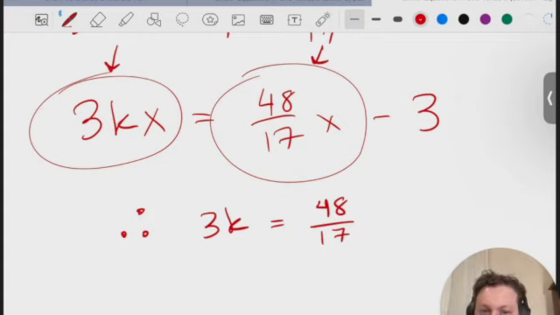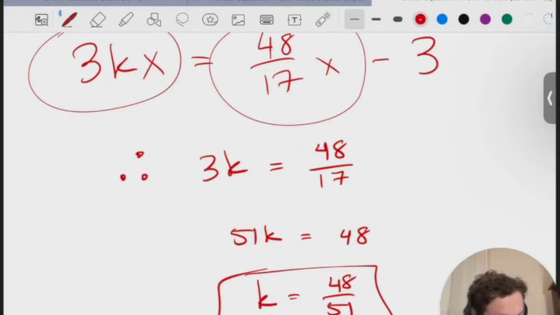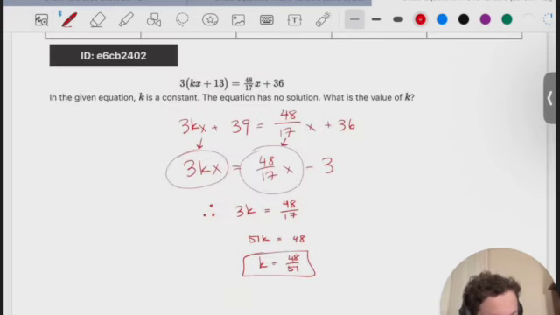And that will make it so there's no solutions. All right, so 51k equals 48. K equals 48 over 51. That's the answer I'm going with. It's all based off that no solution line right there.